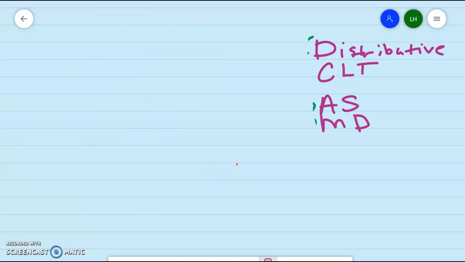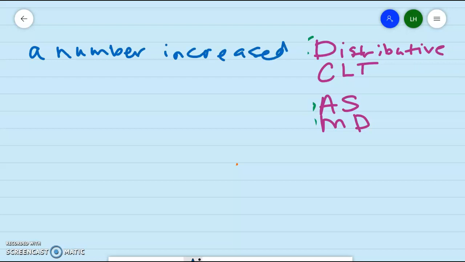Okay, let's look at this one. A number increased by 14 is 26. So first it's going to ask you to underline the key words.